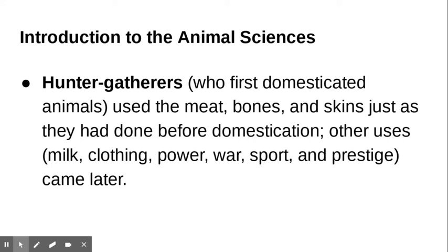But when they stopped having to move or migrate from place to place, they learned to use these animals for other things like milk, clothing, power, war, sport, and even prestige.